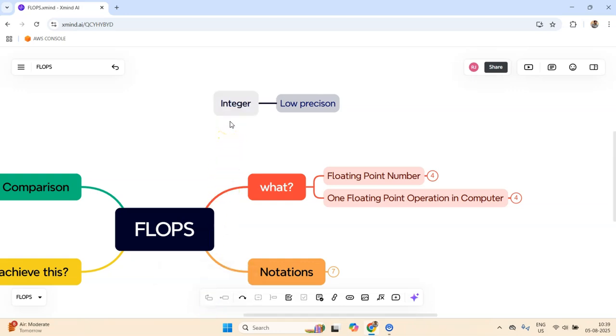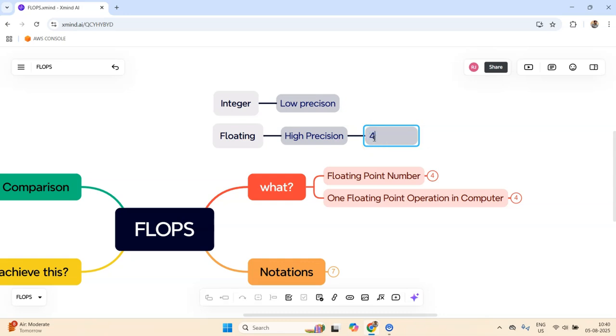And floating numbers are essentially high precision numbers. What do I mean by high precision numbers? What I mean is we can precisely represent what we want to represent.